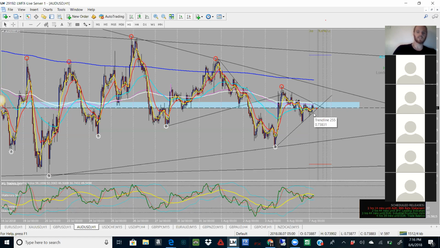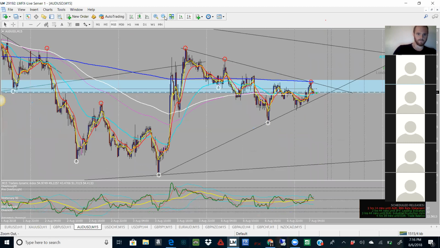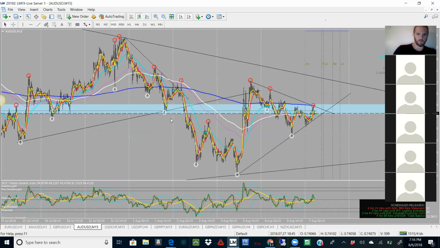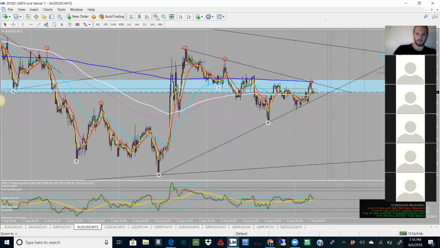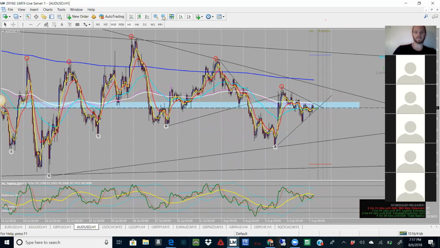Right here, this thing's getting ready to pop. 15 minute. It is in complete middle zone right now, man. This is nothing. Now, what do I think it's going to do just based off of what I'm seeing here, pattern-wise? I think this thing's going to rise. I really do.